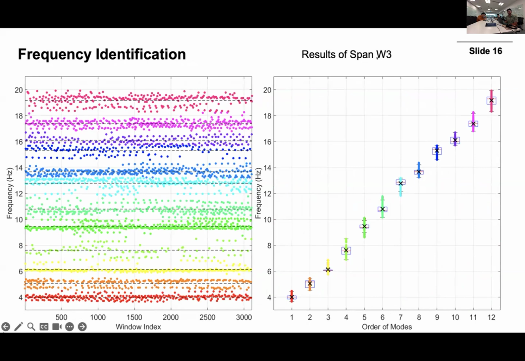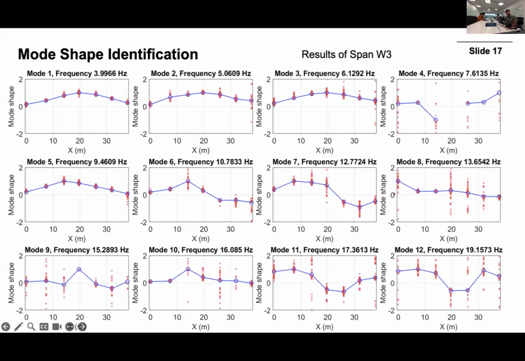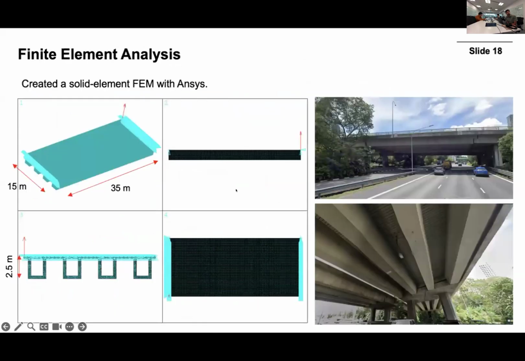For example, this is span West 3. So you can see some similar frequency clusters, and also similar mode shape identification results here. And also we created some finite element models to verify whether our modal identification results are correct.